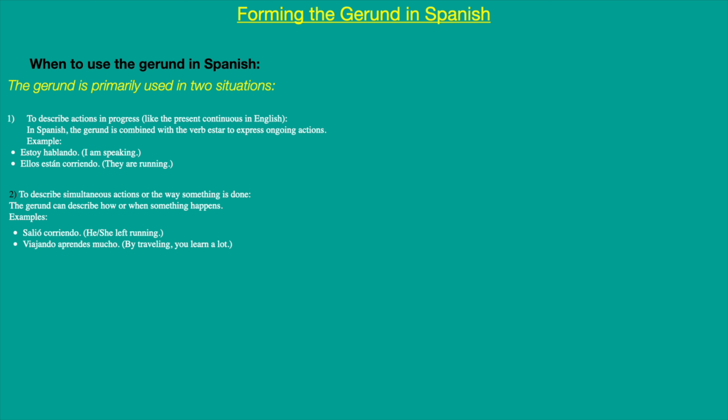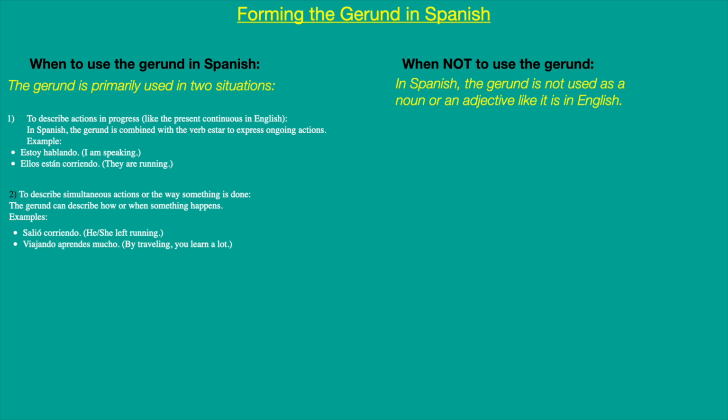By doing something. That is when you are using the ing as well. This part will require a little practice, but it's almost similar to English, where you say by traveling you learn a lot.